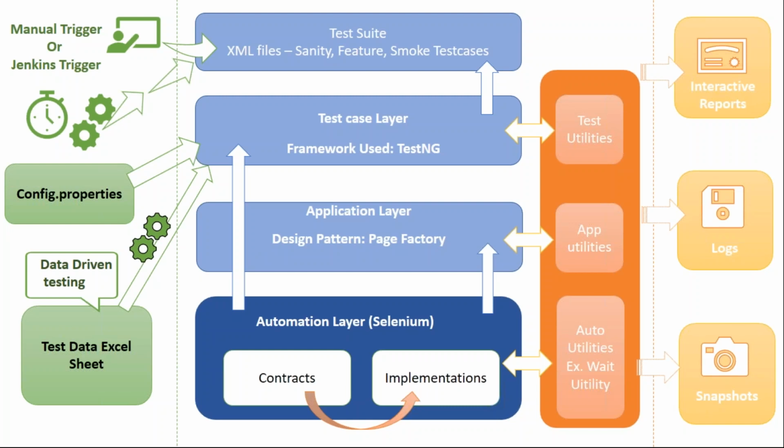All three have their own benefits and their own limitations. We'll be learning about them, and then at the end we'll conclude which one we are going to use. And I know all of you will choose page factory, so I've already written page factory. So this particular framework is going to use page factory or enhanced POM as the design pattern.